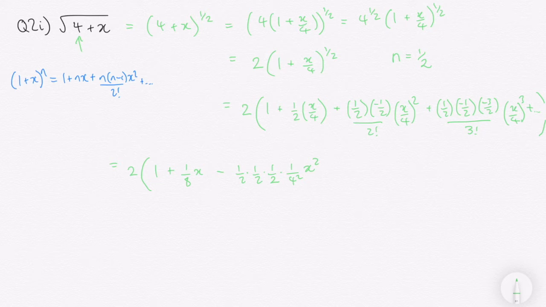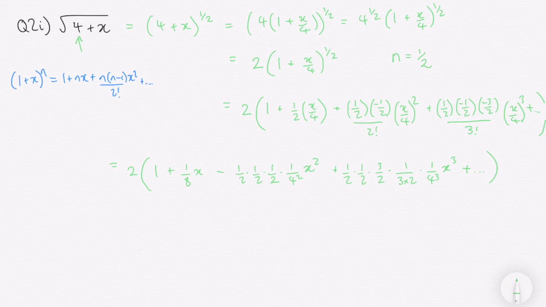And then the next term is going to be positive because we've got two negatives being multiplied. And then we have a half times 3 over 2 times 1 over 3 factorial, which is 3 times 2, times a quarter cubed times x cubed.